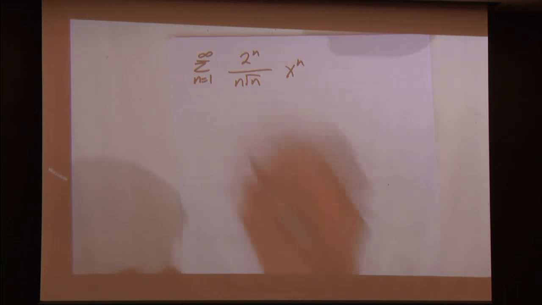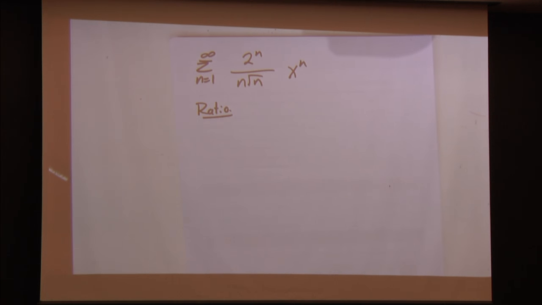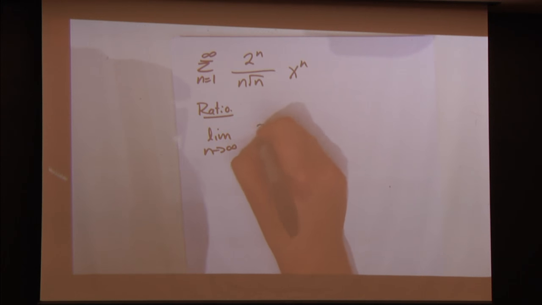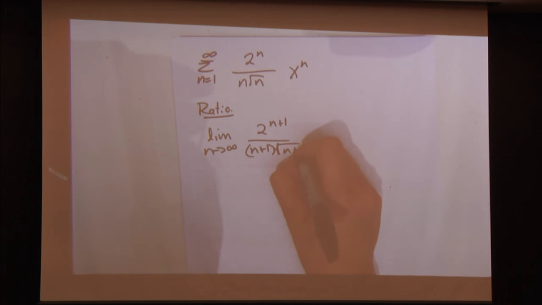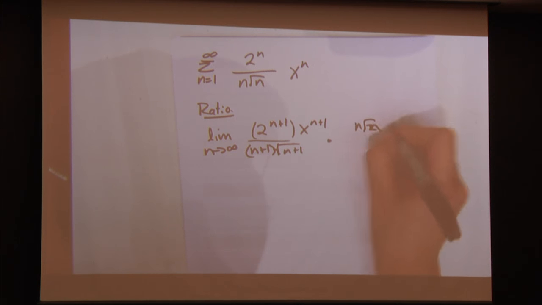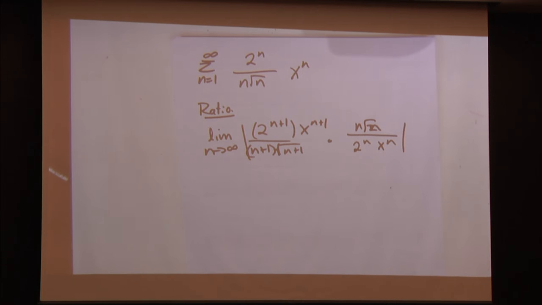It's a power series, so we want to do the ratio test. Take the limit as n approaches infinity of (n+1) root (n+1) times x^(n+1) times n root n 2^n x^n, absolute values.